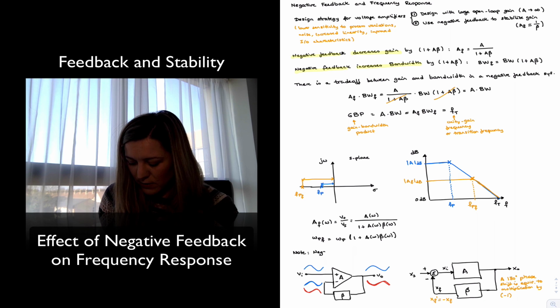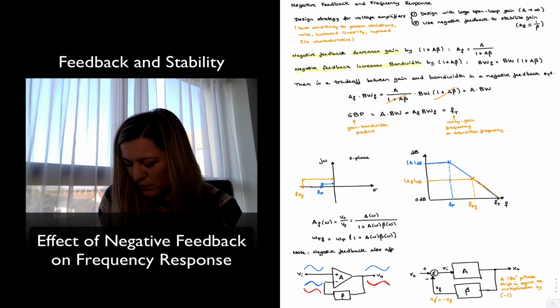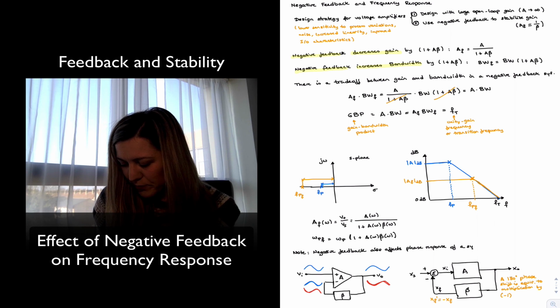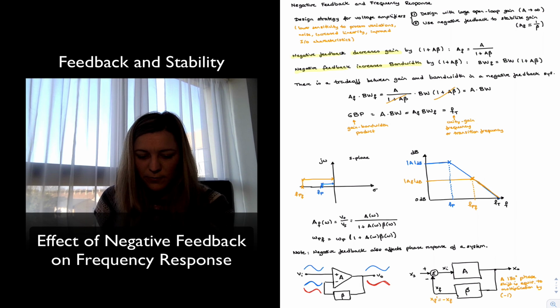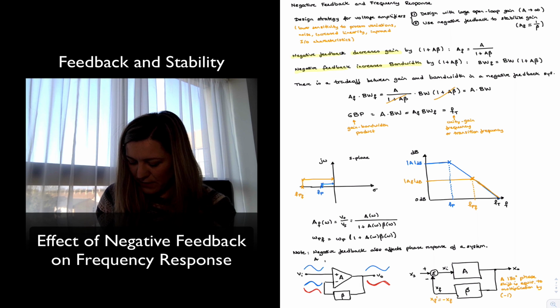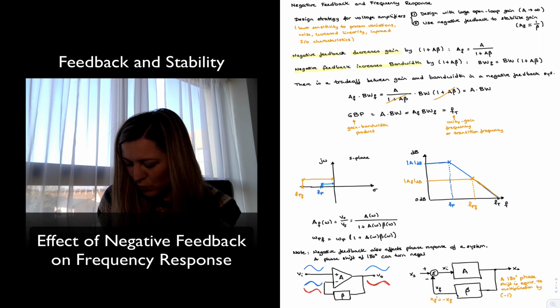But negative feedback also affects the phase response of a system. And basically a phase shift of 180 degrees can turn negative feedback into positive feedback.